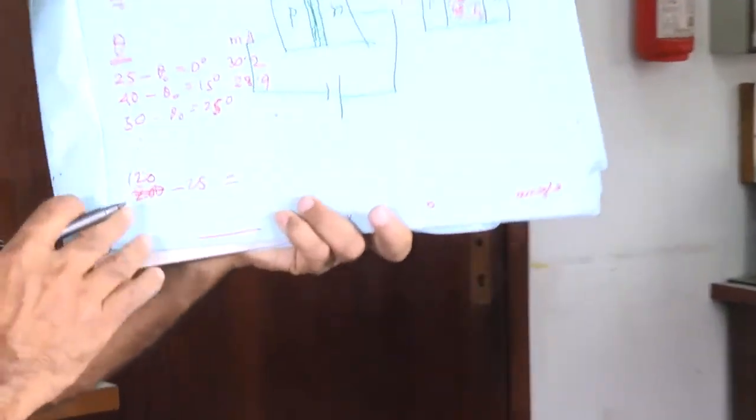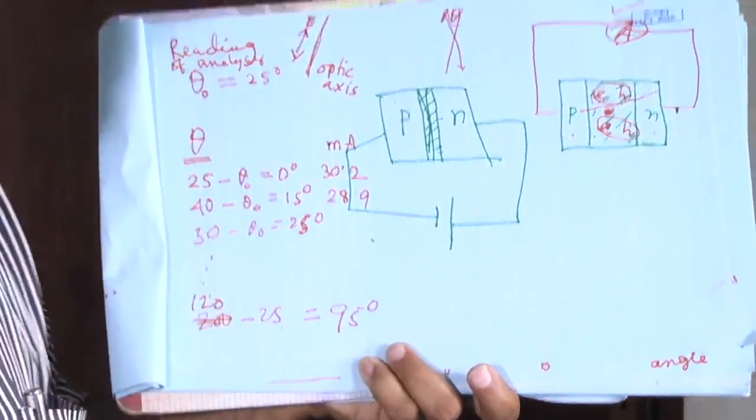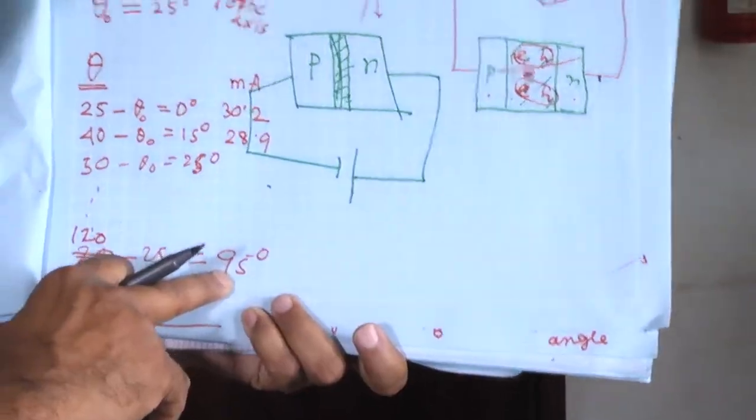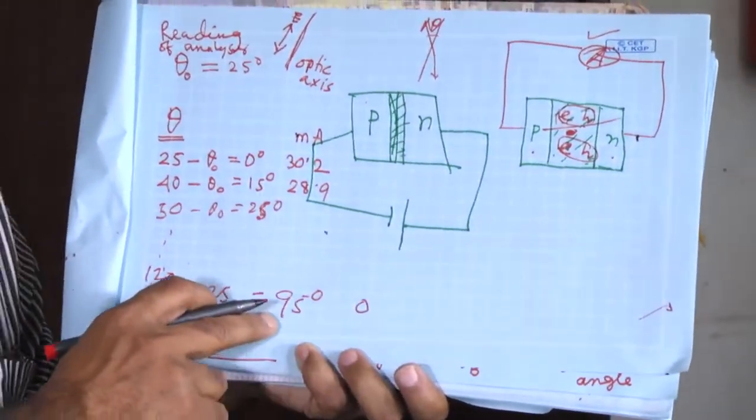So 120 minus 25 is 95 degree. So it should come that 0 intensity, 0 current we are getting at 95.